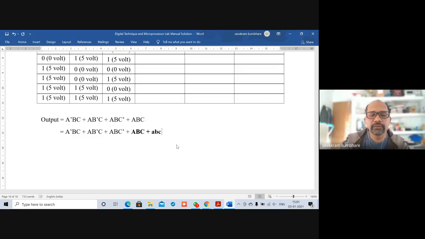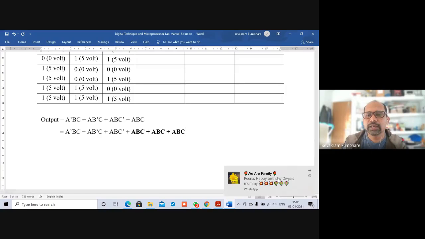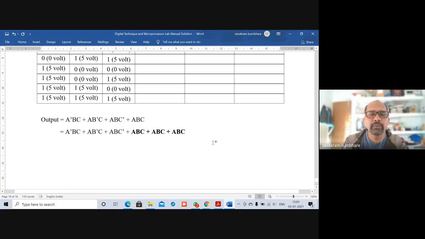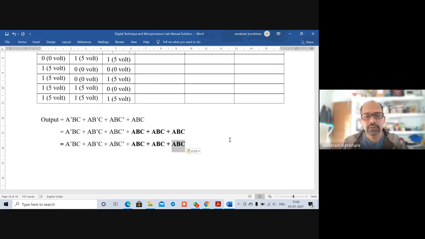This we have done previously also, because we know that a plus a equal to a. So I can write ABC 3 times also. And if I write down this, I will just copy this. Now in this I can do like this.